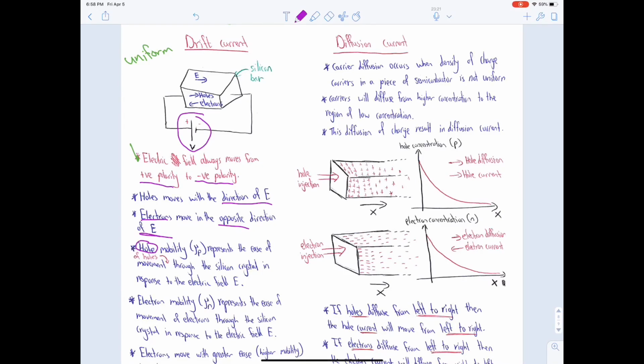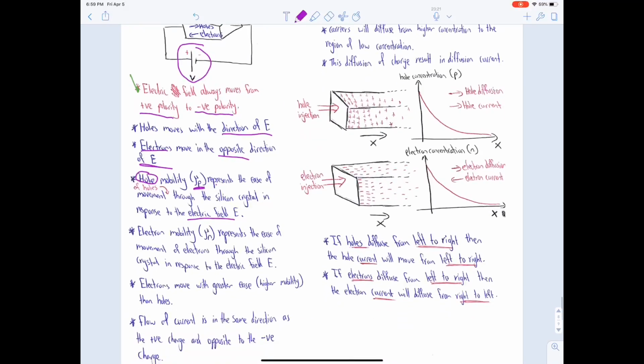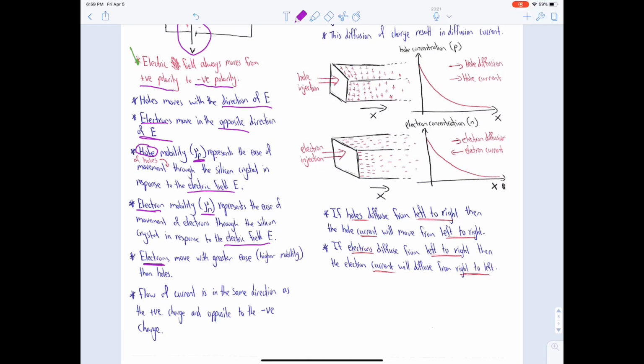What is the hole mobility? Hole mobility, with the symbol mu p, represents the ease of movement of holes through the silicon crystal in response to the electric field E. Whereas the electron mobility, represented as mu n, represents the ease of movement of electrons through the silicon crystal in response to the electric field E. Now, electrons move with greater ease, so they have higher mobility than holes.